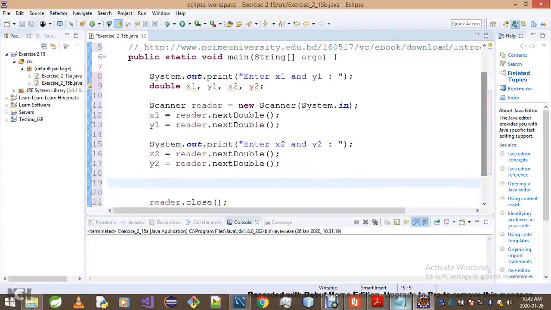Okay, now that we've got that, it is actually time to compute our distance.